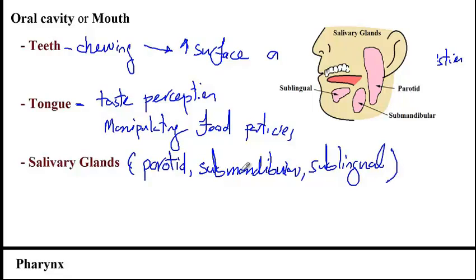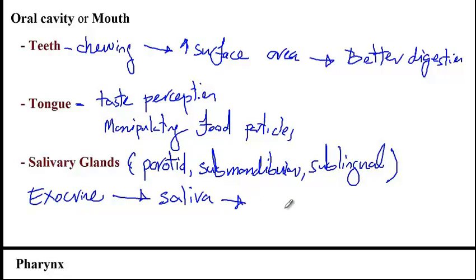And so these are the salivary glands that are secreting saliva into the mouth, and these are an example of exocrine glands. All right, so they produce saliva, and the purpose of the saliva is to moisten the food and also to lubricate the food for enhanced swallowing ability.